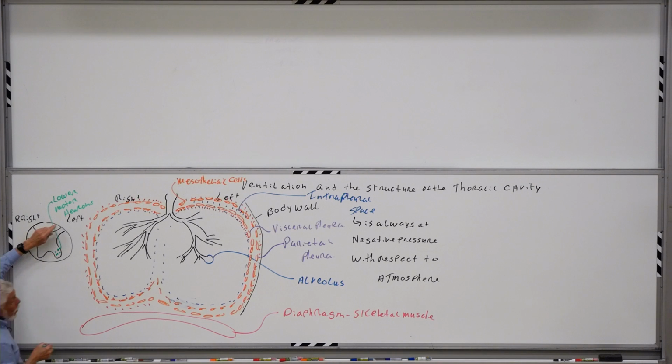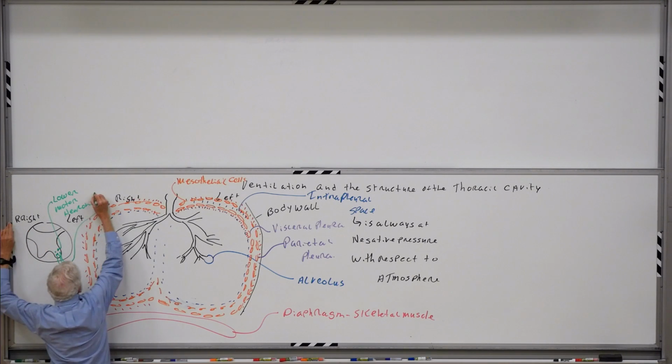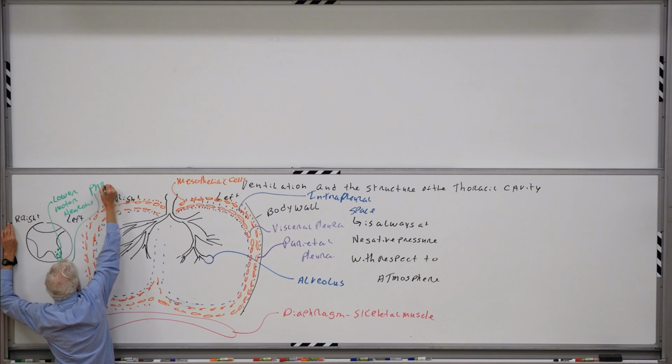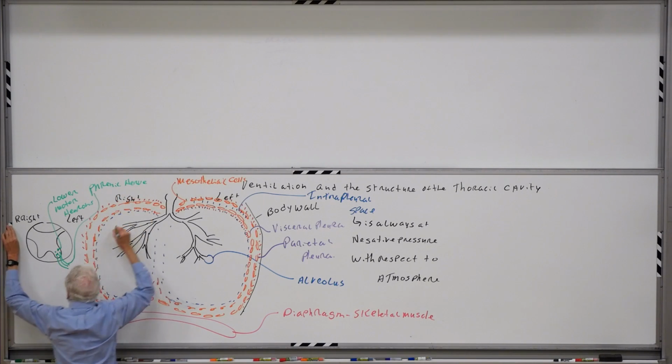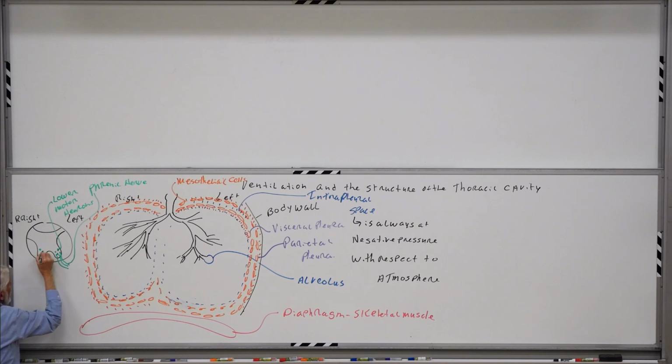Now, the lower motor neurons from the left-hand side will come out and form a structure known as the phrenic nerve. And we are bilaterally symmetrical, so we have another set here on the right side. These two come out and form the right phrenic nerve.